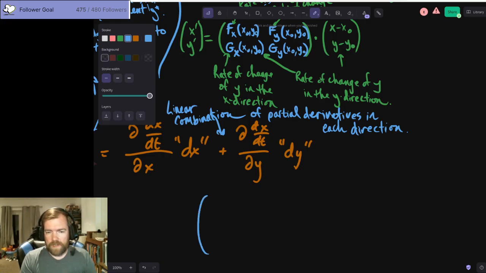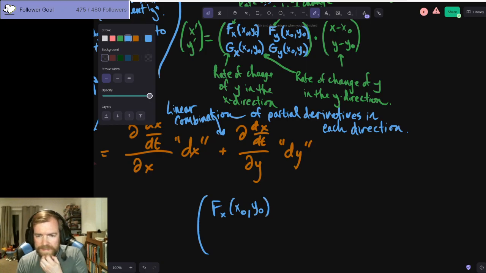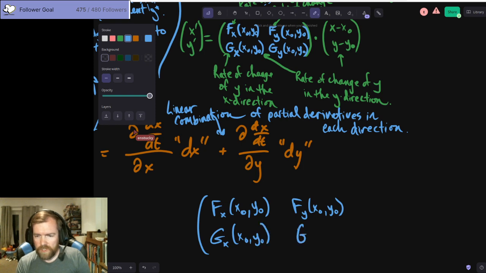So let's take our f partial with respect to x, f partial with respect to y at these particular locations, g partial with respect to x, and g partial with respect to y.